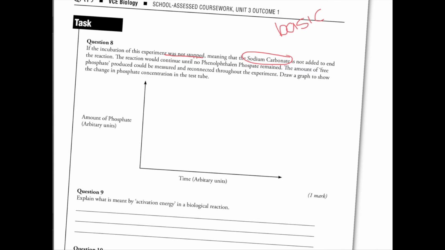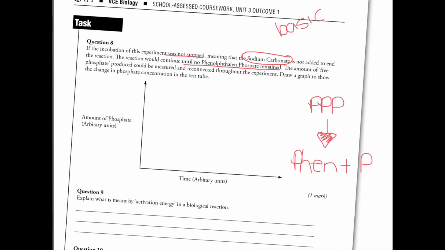Remember before that it was colourless. So if we didn't add that and we didn't stop the reaction, and the reaction did continue to occur until no phenolphthalein phosphate remained, okay, so there was no PPP, it just kept going until it broke down into phenolphthalein and phosphate.